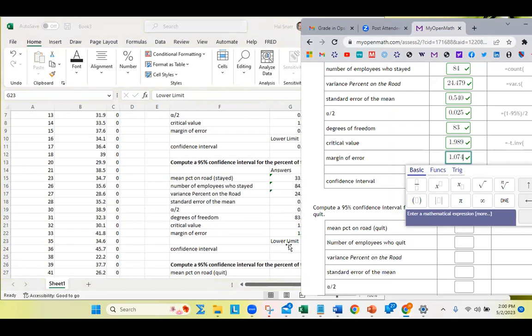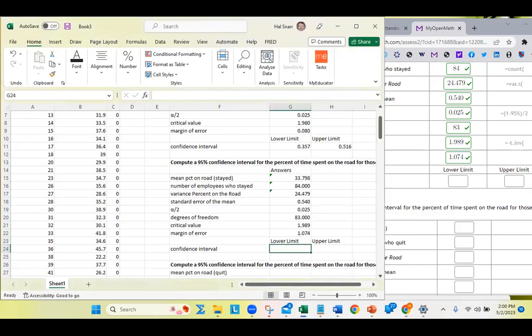Okay, good. Now the lower limit, remember what the lower limit is. It's the mean percent on the road minus the margin of error, right? This is your kind of like best case scenario, right? You don't want people on the road too much. Otherwise, they might quit if they're on the road too much, right?